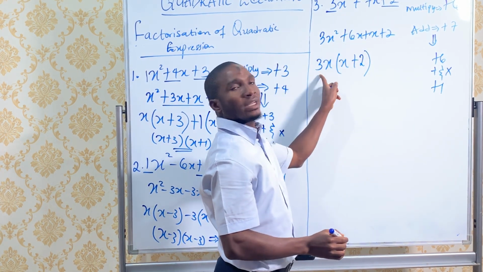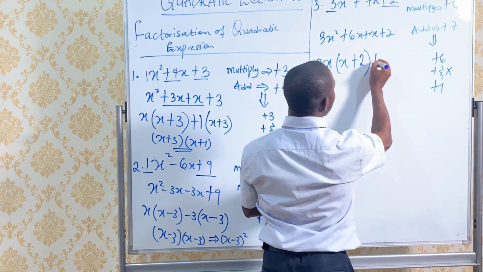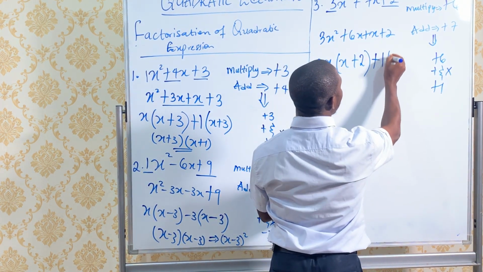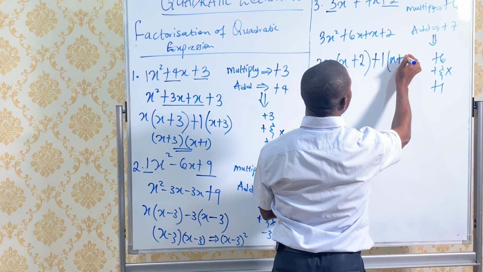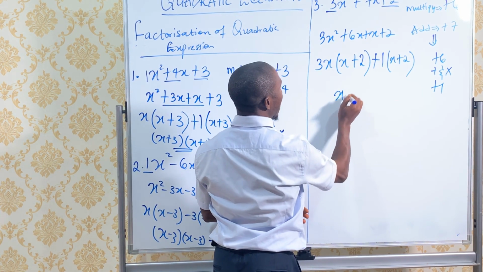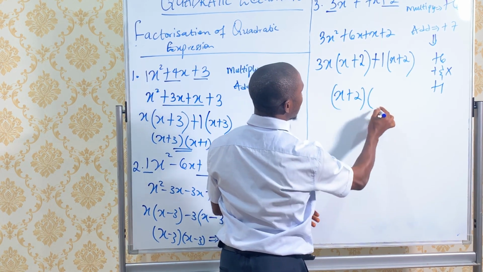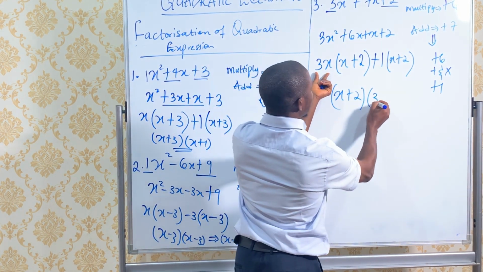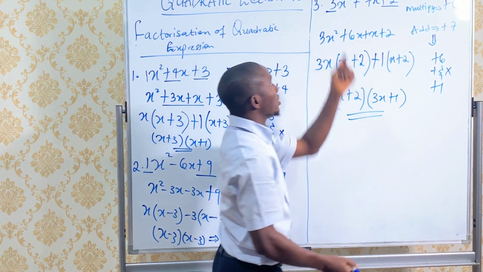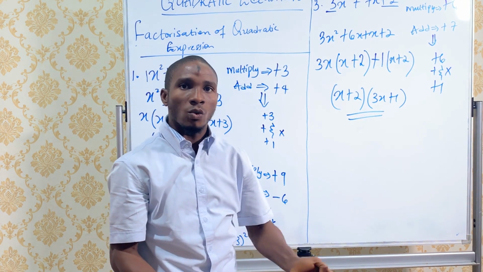Plus, now between x and 2, nothing is common, so we put 1. We are left with x plus 2. Now we have x plus 2 on both sides, so we pick 1, x plus 2, and 3x plus 1. And this is the factorization of this third question.